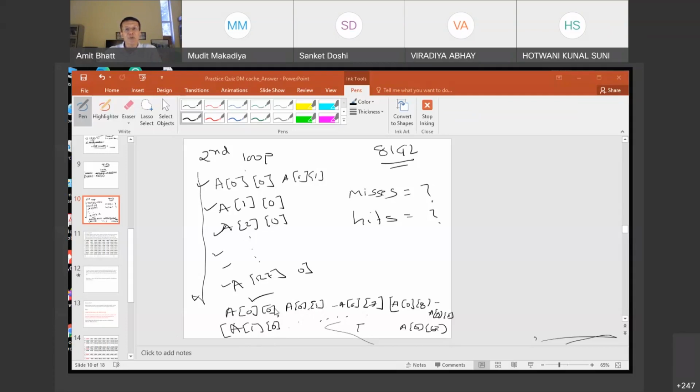Because my cache size is only 1024 words. Total elements are 8192. So the block which I brought in, and I thought I'm going to use A01 eventually, because this is the first element of my second column, by the time I need this, it would have been overwritten by something else. Do you agree with that?